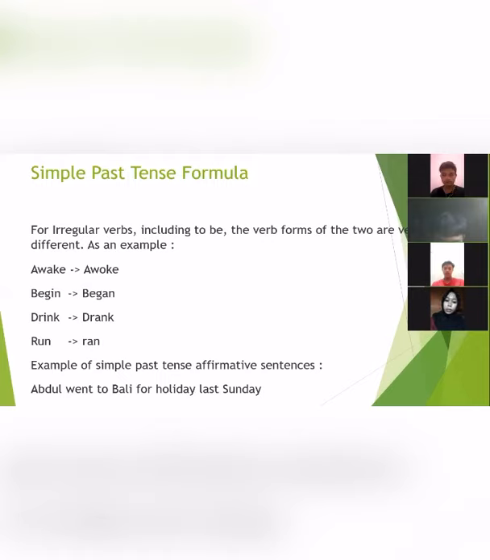For irregular verbs, including to be, the verb forms are very different. As an example, wake to woke, begin to began, drink to drank, run to ran. Example of a simple past tense affirmative sentence: Abdul went to Bali for holiday last Sunday.